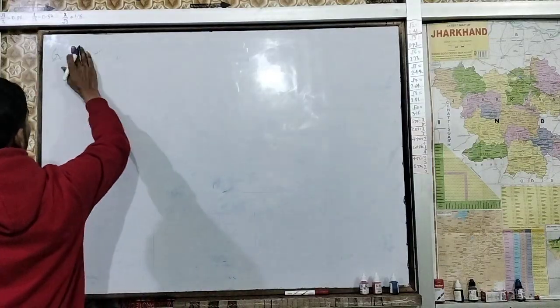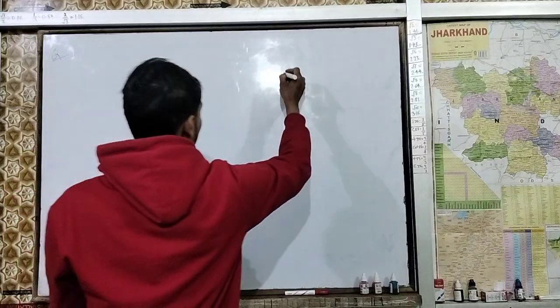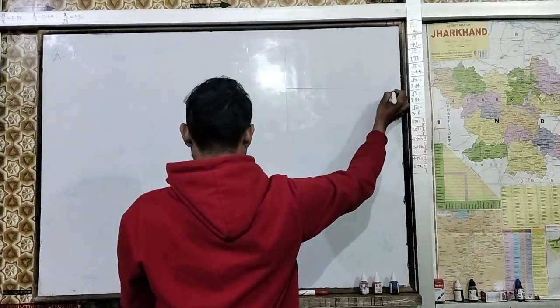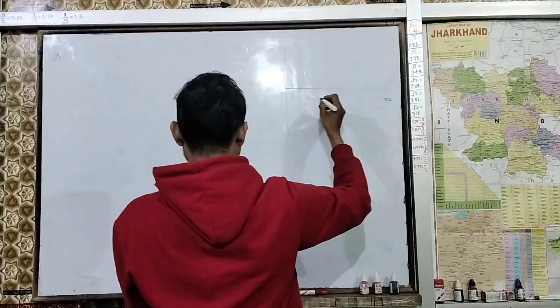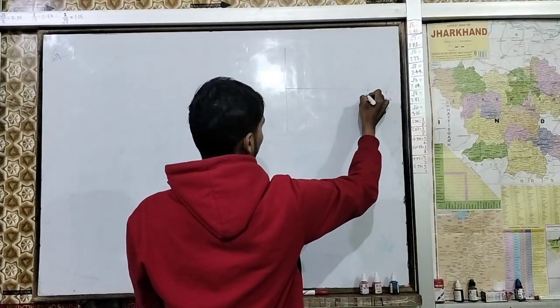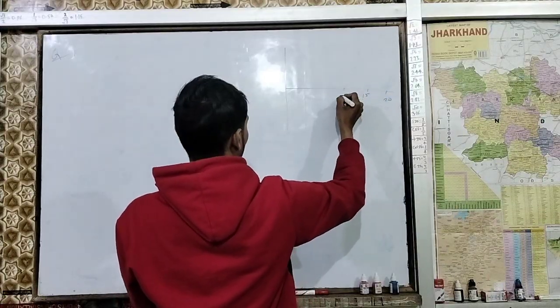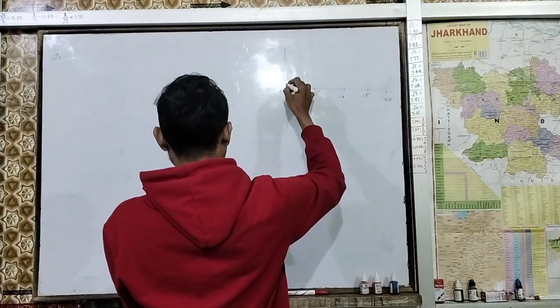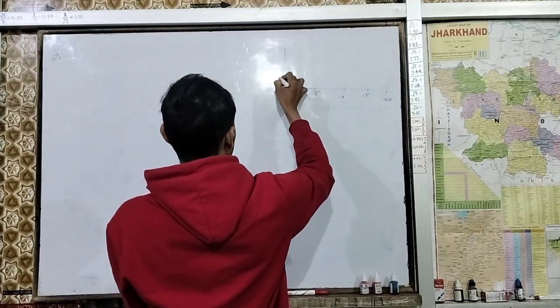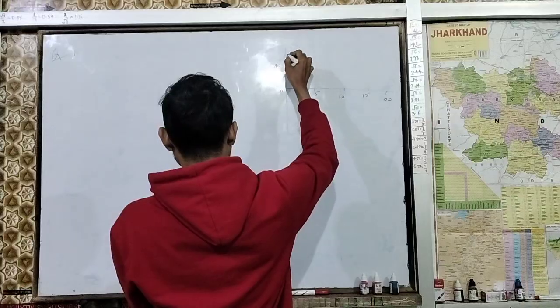Just understand by the figure. The figure is like this. Over here 20, this is 15, 10, 5, 0, and 20, 40.